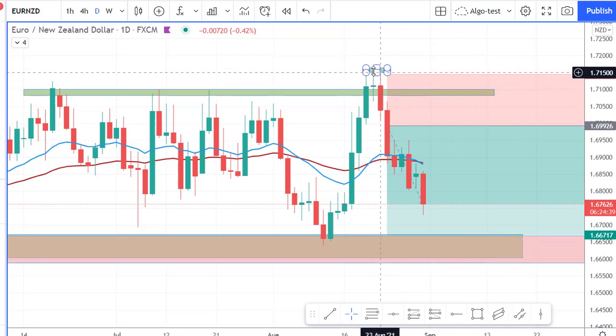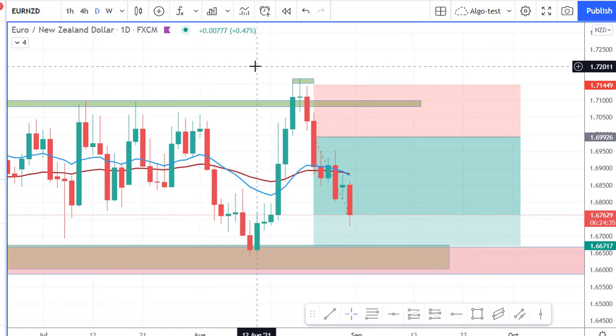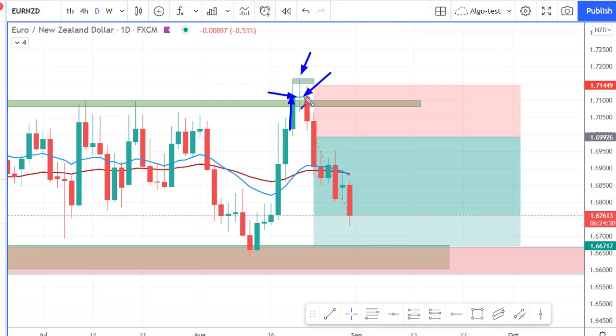But as you remember, what I'm looking for is confirmation on a daily time frame that we are really getting some sellers into the area. And what we can see here is a big green candle. Then we have what is called a doji, which is a doubt candle, meaning the price starts here, moves down, moves up or up and down, and then ends at the exact same price.